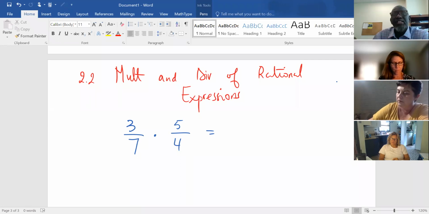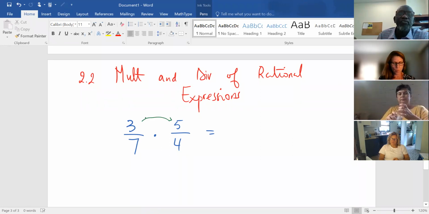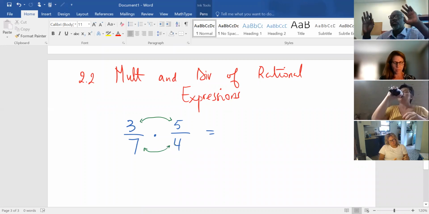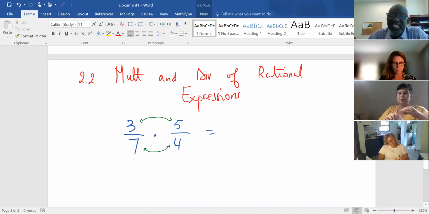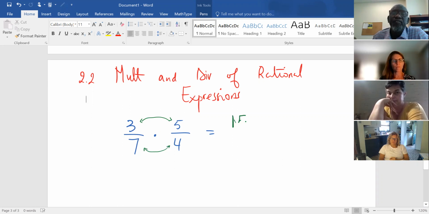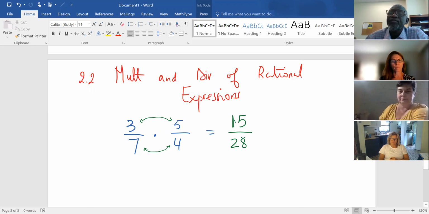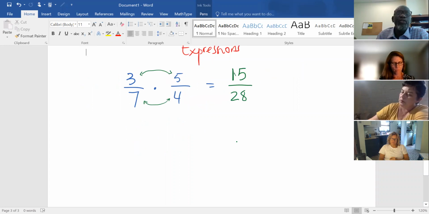This is how simple multiplying fractions is. That's it. We don't try to do the LCD, the least common denominator. We don't do none of that. This is 15/28. This is how we used to do it.